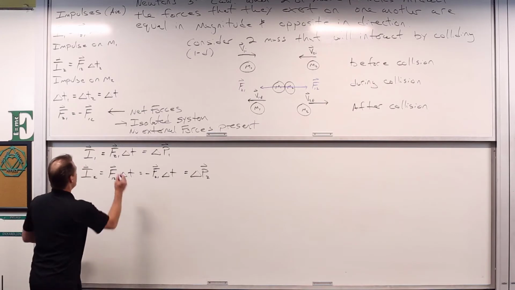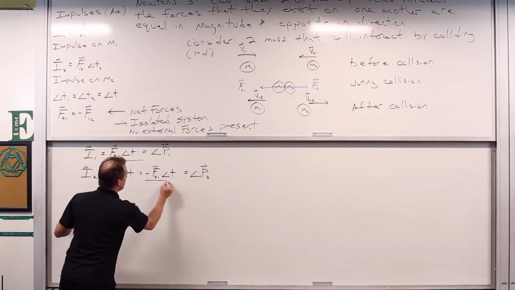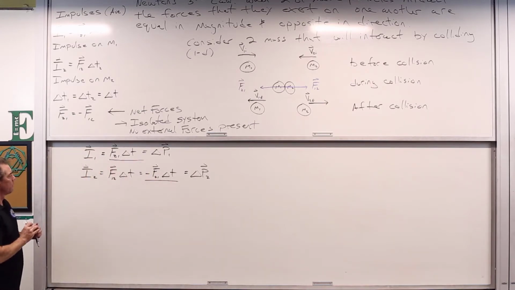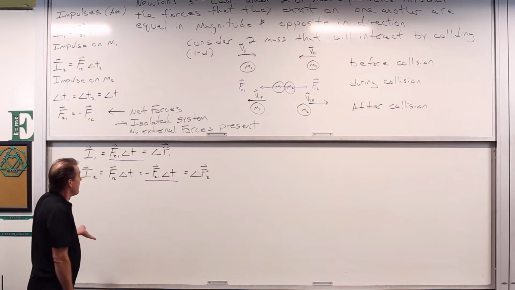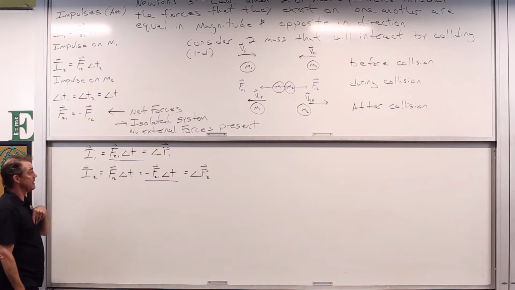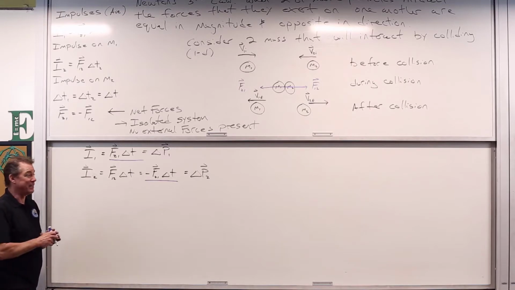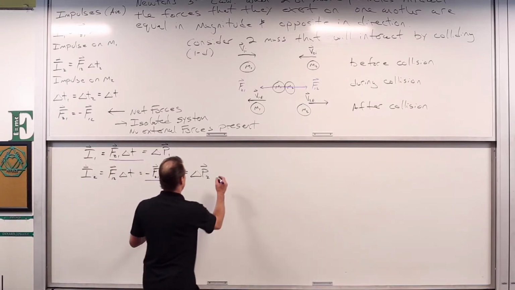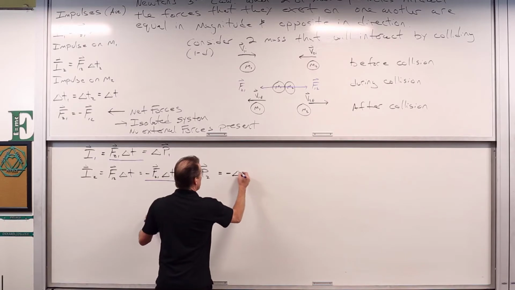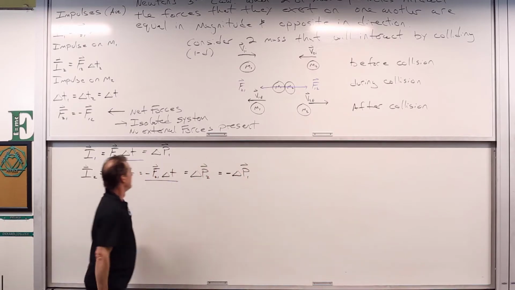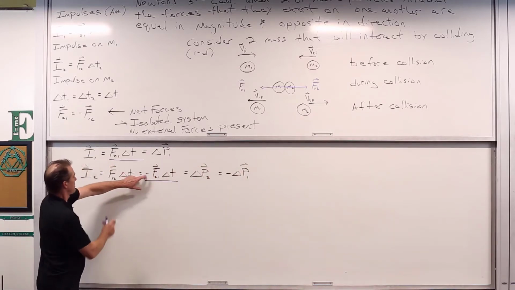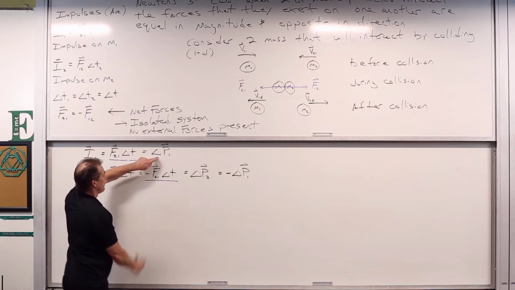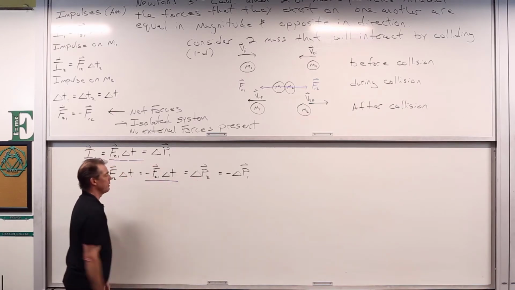Well, look at this. This and this. What's the difference between those two? They're opposite in sign, right? Oh my gosh, that's it. The delta P1 is equal to negative delta P2, because there's just a negative sign in between these. So delta P1 made negative is the same thing as delta P2.